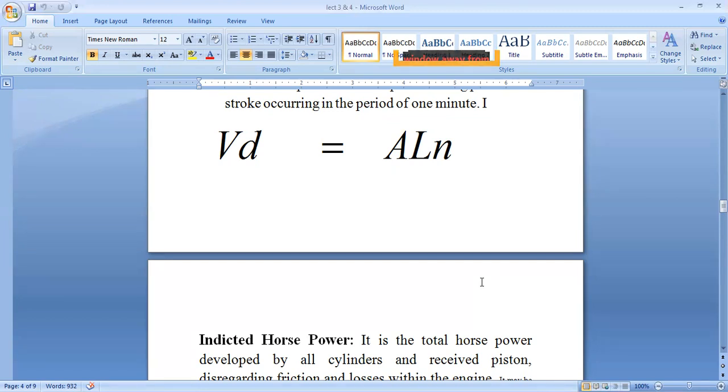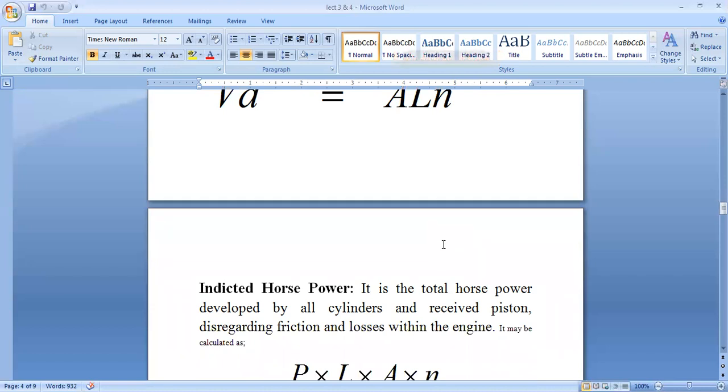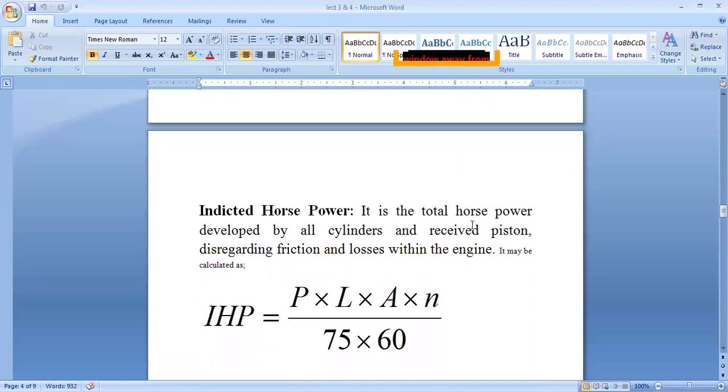Now in the engine, there is the indicated horsepower. It is the total horsepower developed by all cylinders and received by the piston, disregarding friction and losses within the engine, and it may be calculated. I will give you a numerical in the next class, and you have to calculate the indicated horsepower.